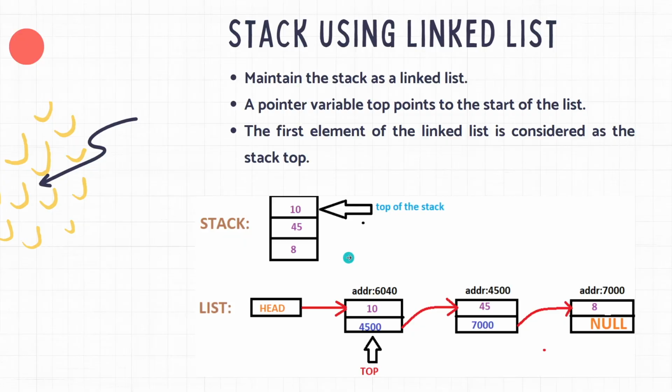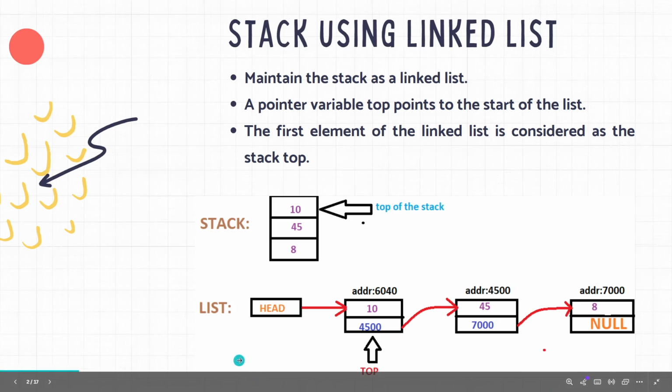So here let us see this example. Here we have a stack with 3 elements 10, 45 and 8, and 10 being the topmost element of the stack. And if suppose we witness this as a linked list, then this should be the way the elements are placed.